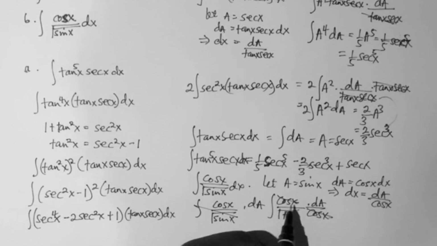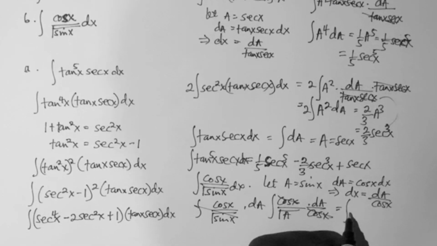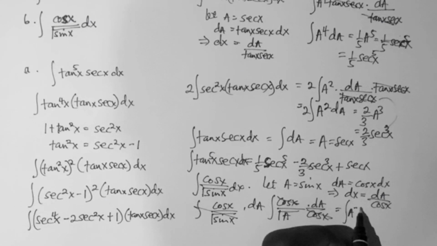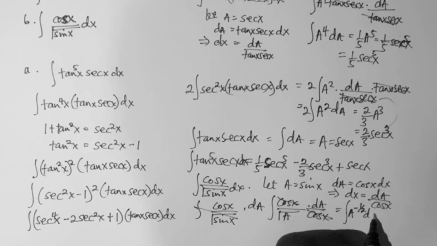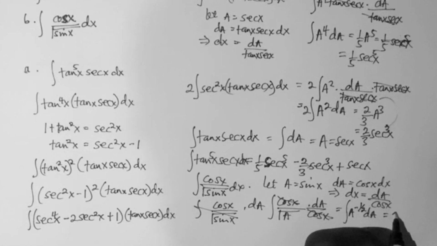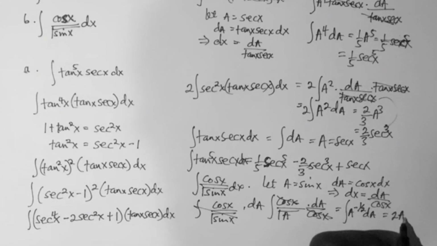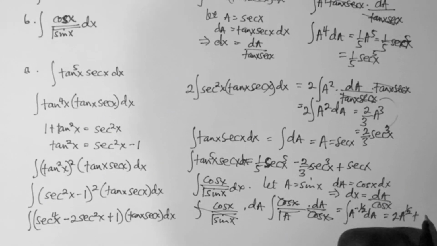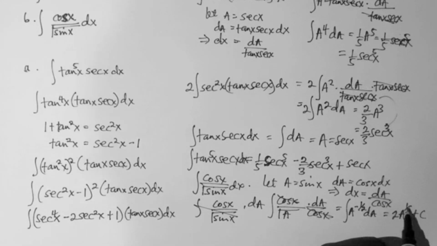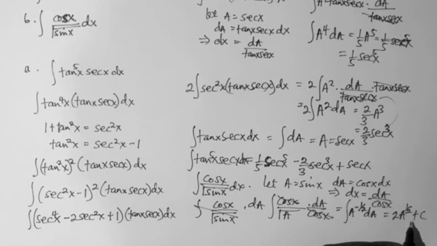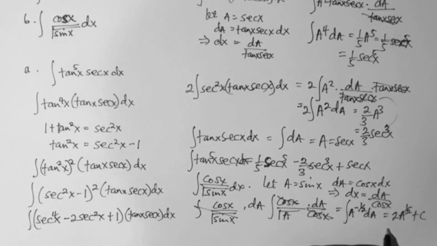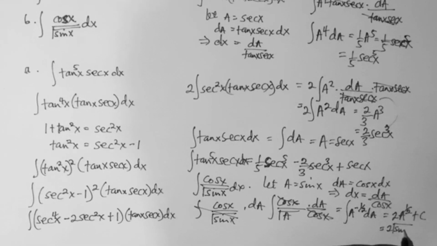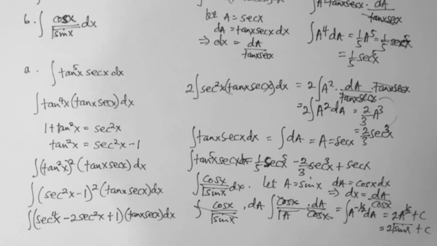So the cos and cos will cancel out, so we get the integral of 1 over square root of a, which is the same as a exponent negative half dA, and that will give us 2a exponent half plus c. Now a exponent half is square root of a, and a is sine x, so all of this evaluates to 2 root sine x plus c.